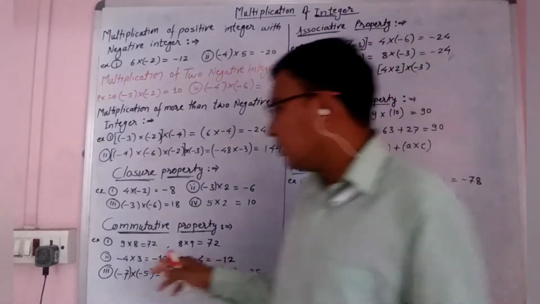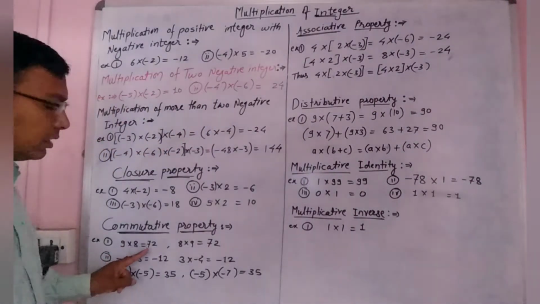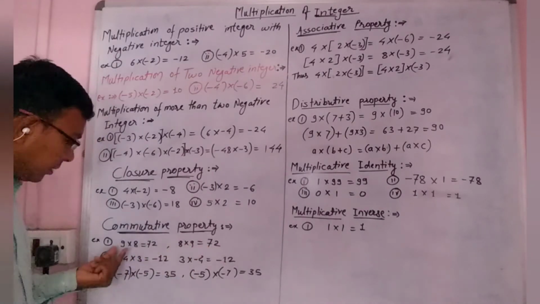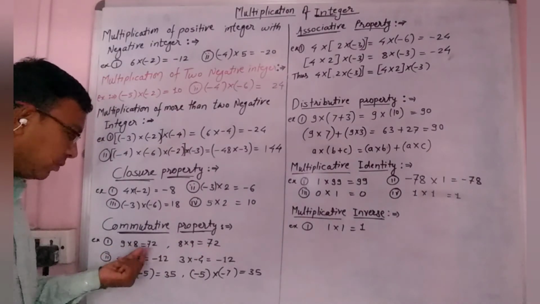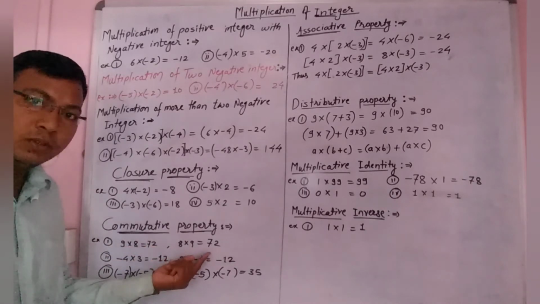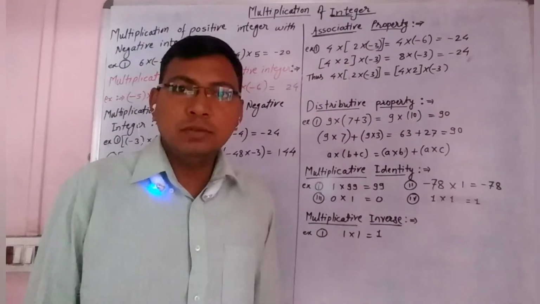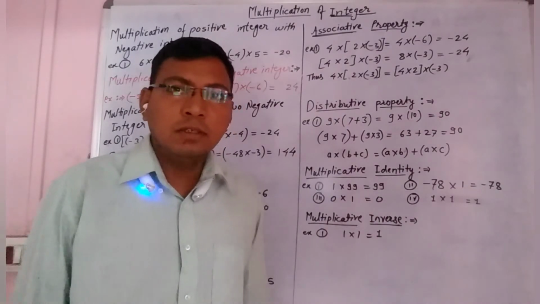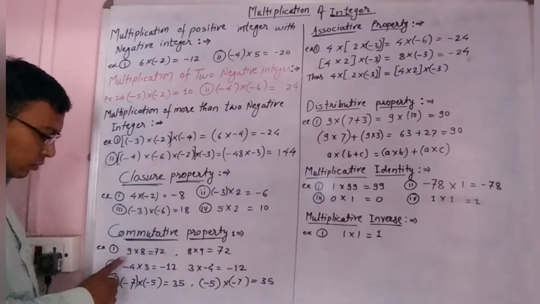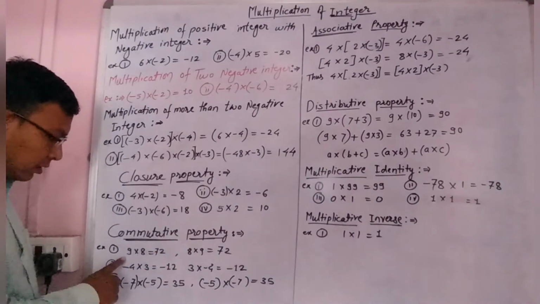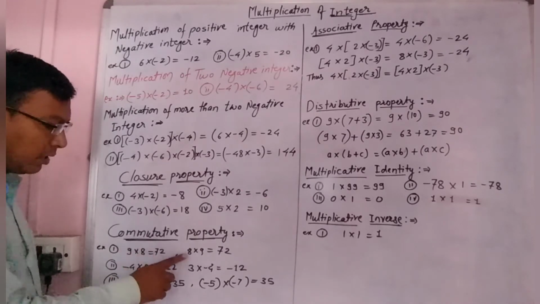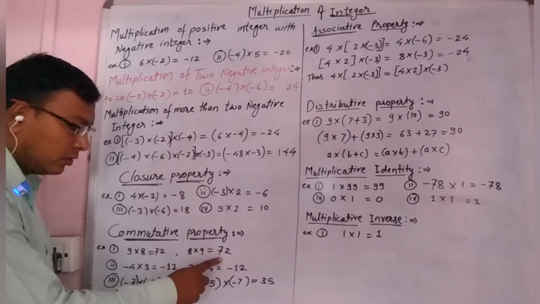See the example: 9 into 8 is 72, and in reverse order 8 into 9 is also 72.